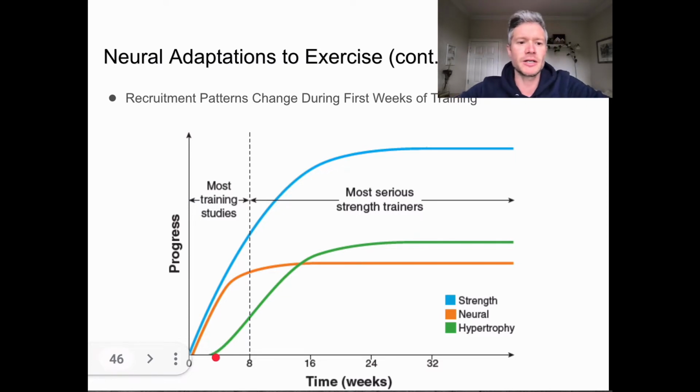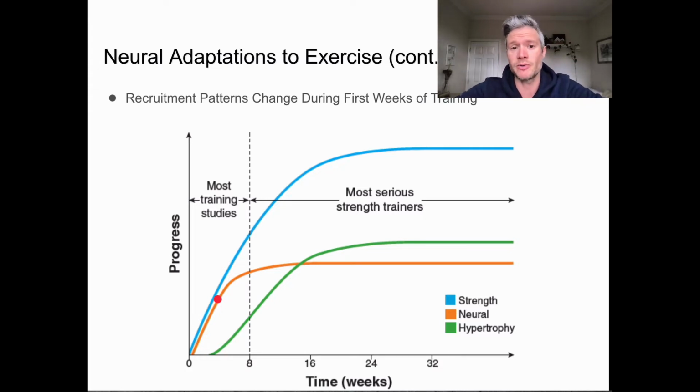From here, we can see that at month 4, even though we have a demonstrated increase in strength, that actually comes primarily and almost exclusively in the first month of your training from your neural adaptations. For example, you are doing a leg press, you notice that you're going up quite a bit of weight over the first 4 weeks, which generally happens.